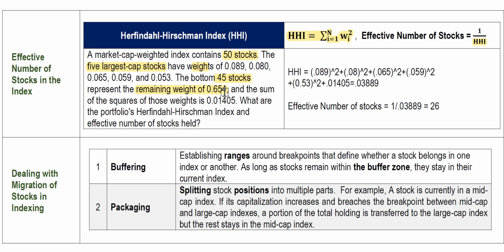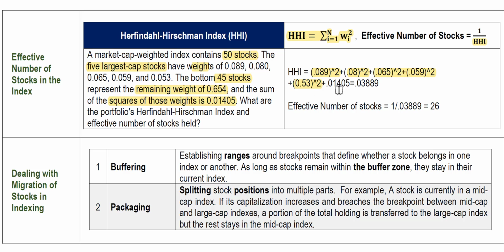However, what we need to calculate is the square of those weights. For the first 5, we take the square of each one, like 0.089 squared and so on. We get those squares of weights for the first 5, and then we also need the sum of the squares of all the weights for the remaining 45 stocks.